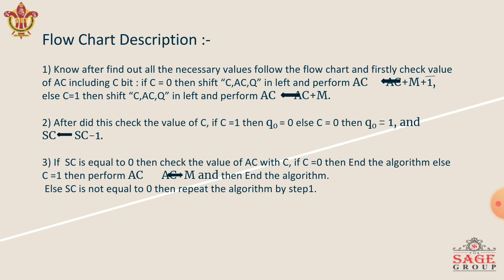If SC is equal to 0, then check the value of AC with C. If C equal to 0, then end the algorithm. Else C equal to 1, then perform AC plus M and then end the algorithm. Else SC is not equal to 0, then repeat the algorithm from step 1.